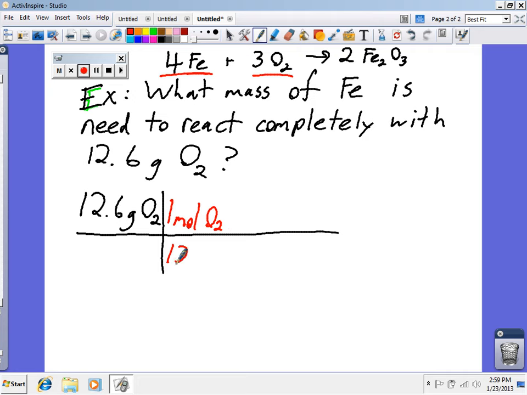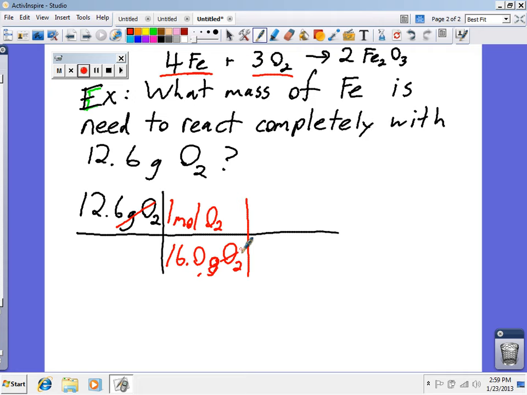is 16.0 grams of O2. I put grams of O2 on the bottom because I want it to cancel with grams of O2 on top.